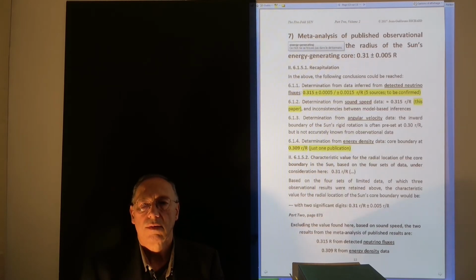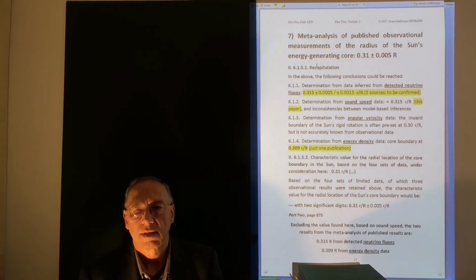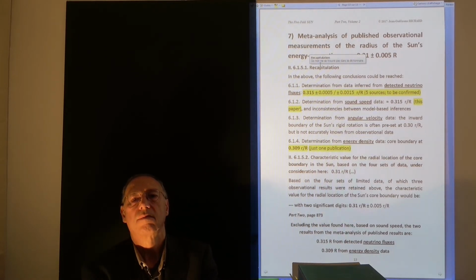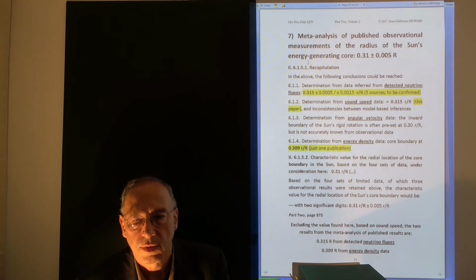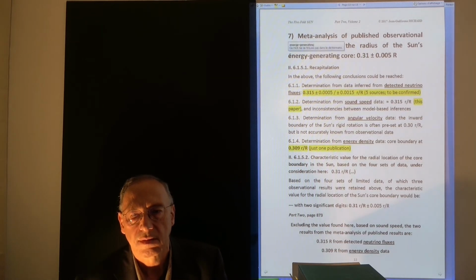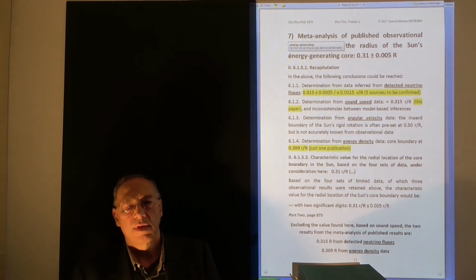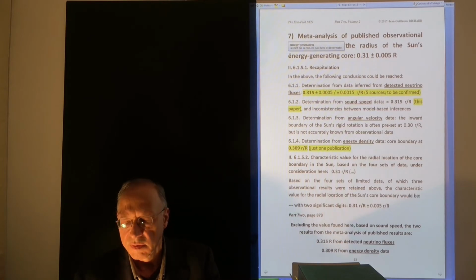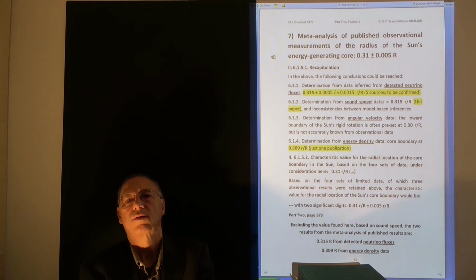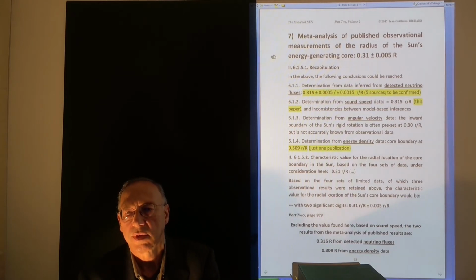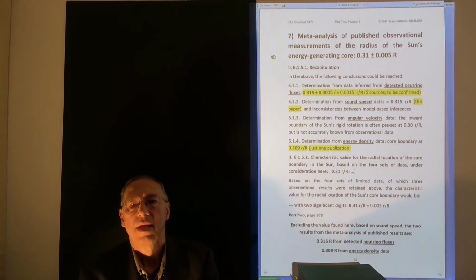So we now show the result of a meta-analysis of the published observational measurements of the radius of the Sun's core, and we find that it is close to 0.31 radius fractions of the photospheric solar radius, plus or minus 0.005.